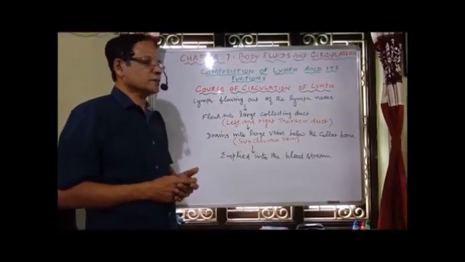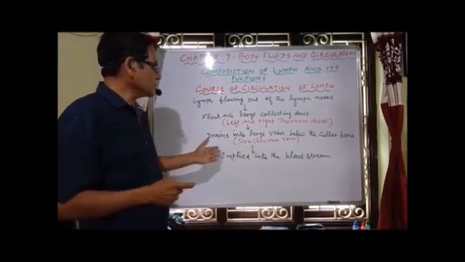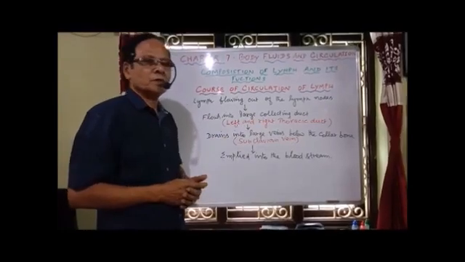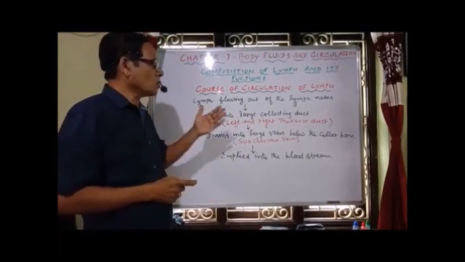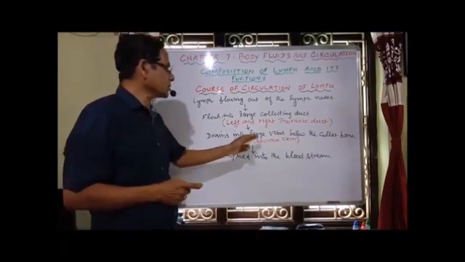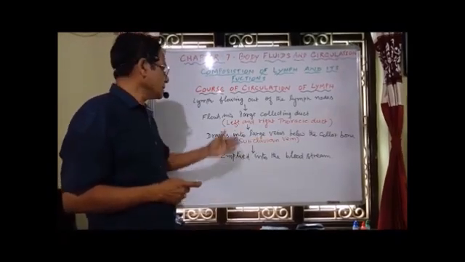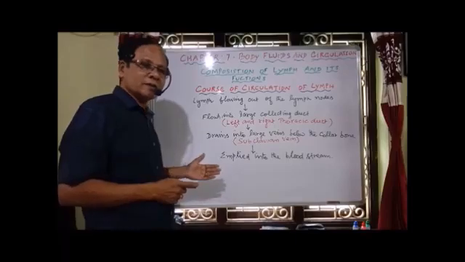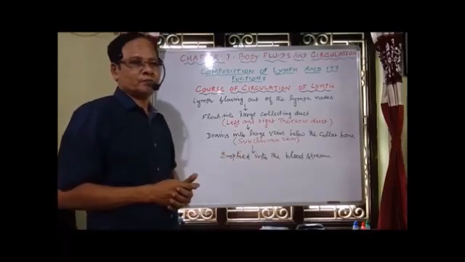Now, from the thoracic duct, the lymph is drained into veins. A large vein located in the shoulder region is called the subclavian vein. And from that vein, the lymph is emptied into the bloodstream.